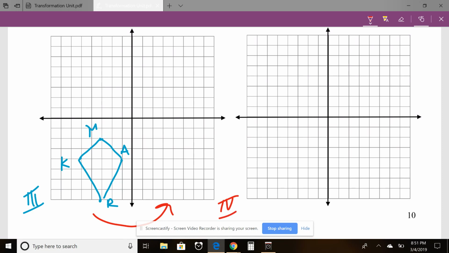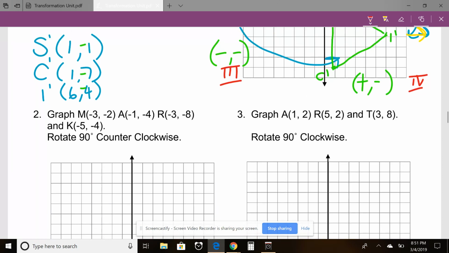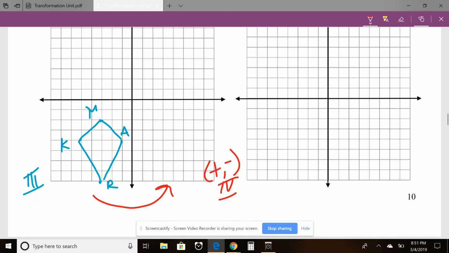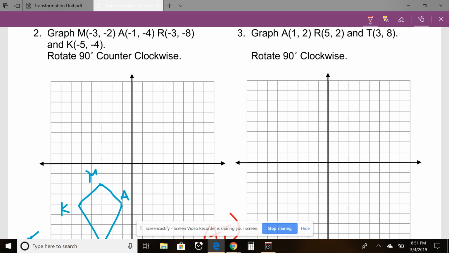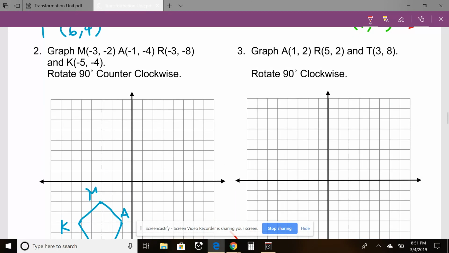Now remember, the fourth quadrant sign scheme is the X values are positive and the Y values are negative. Kind of just like how we did before. So again, I flip-flop my numbers within the coordinates, and then they have to be positive and negative.